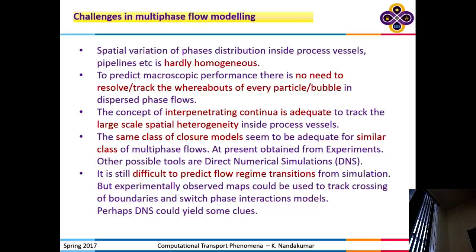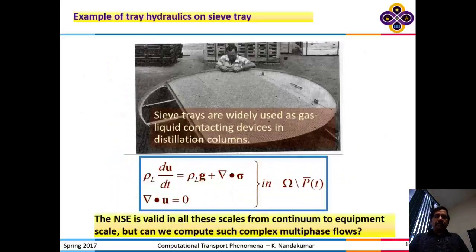From our experience so far, the same class of so-called closure models seem to be adequate for the same class of problems. But if you change the class of problems, change the flow patterns, then the closure relationships would have to change to represent that interaction. As I've said before, it is still difficult to predict the flow regime transitions from one regime to the other regime.